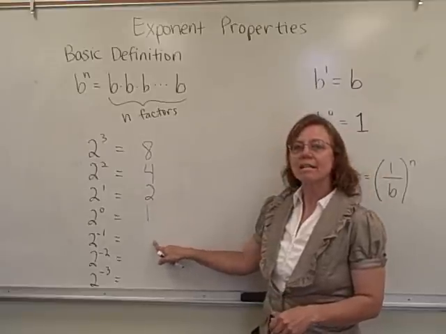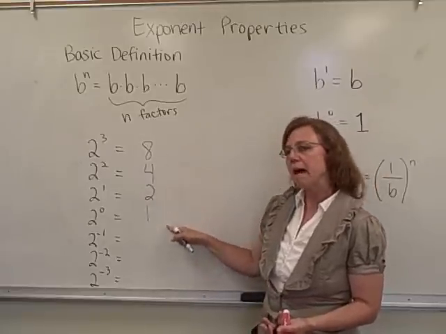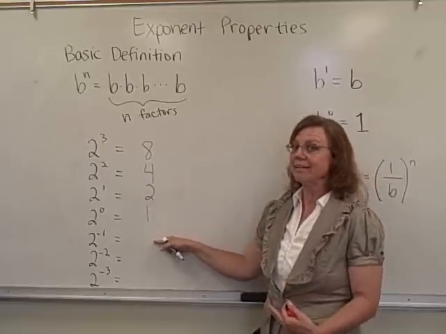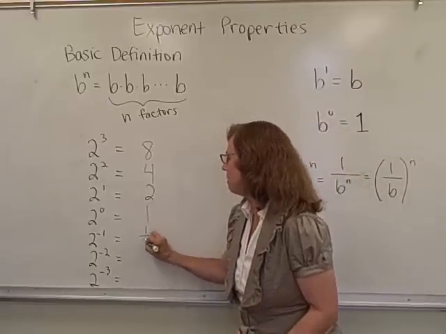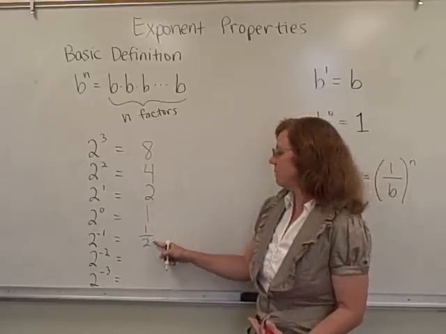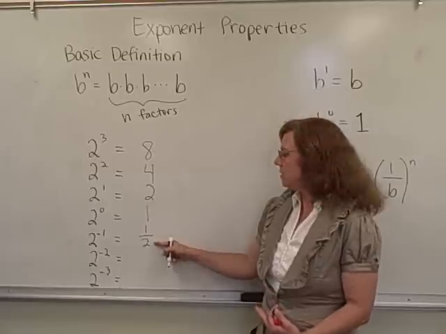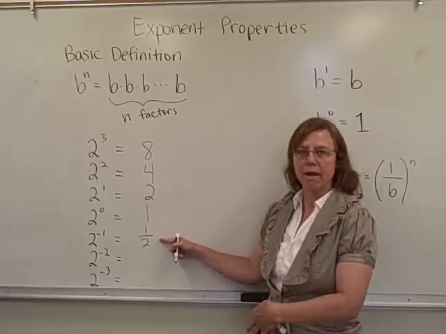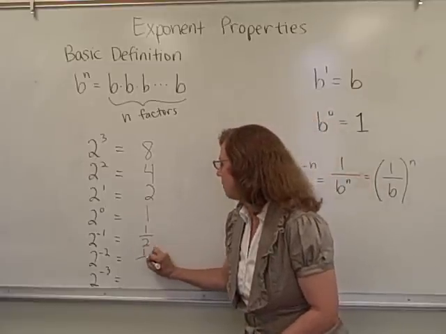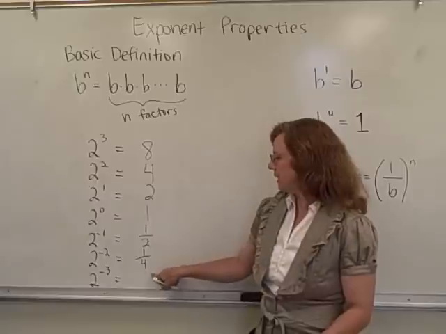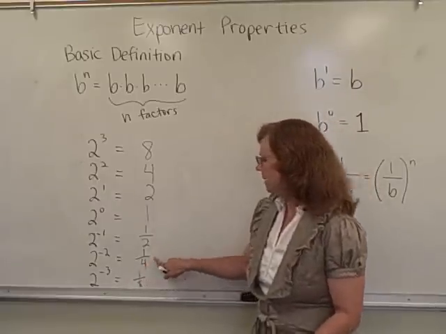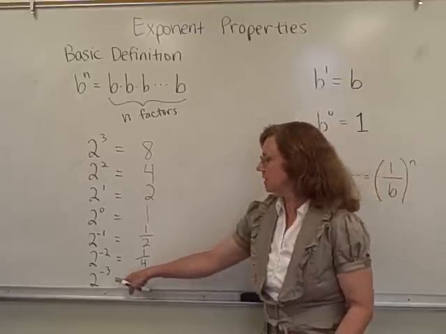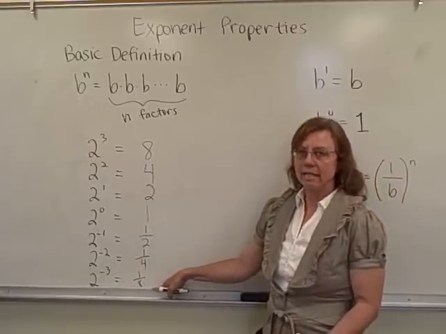And so continuing on in that manner, thinking about this pattern of dividing by 2 and writing it in fraction form, if I take 1 and divide it by 2, that will give me 1/2. And if I take 1/2 and divide it by 2, which is the same as multiplying it by 1/2 again, I would get 1/4. And finally, if I divide by 2 again, I would get 1/8.